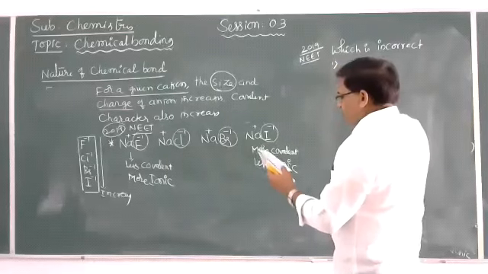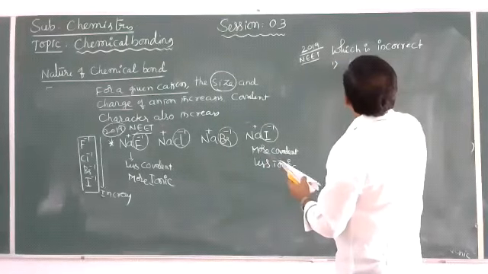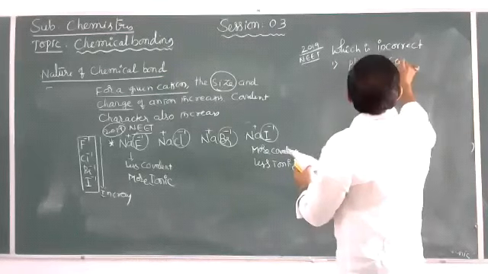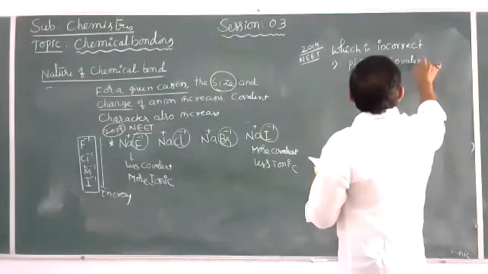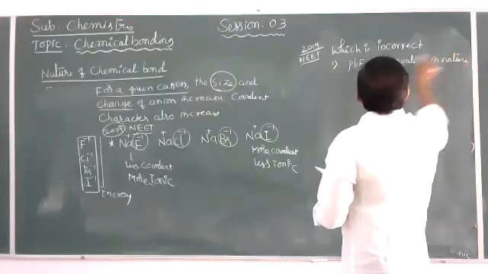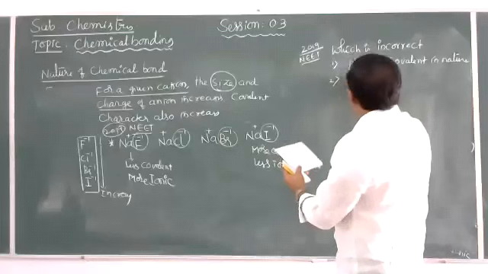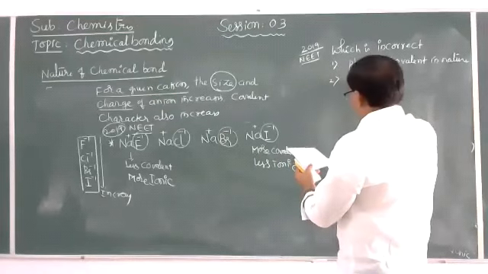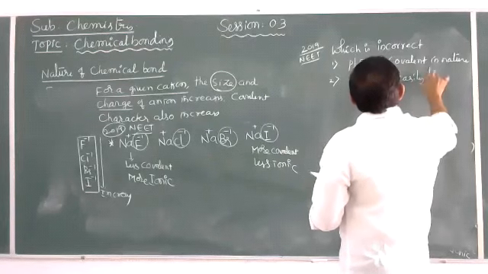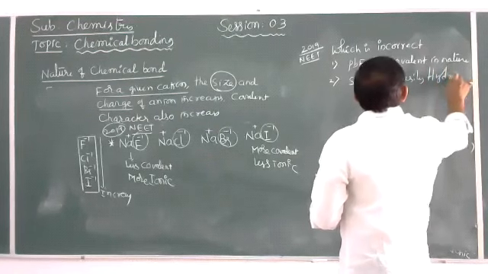First one is PbF4 is covalent in nature. Second one is SiCl4 is easily hydrolyzed.